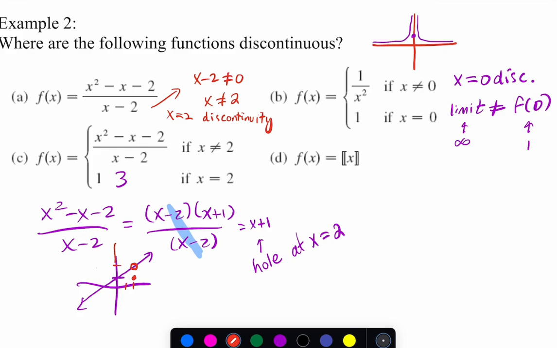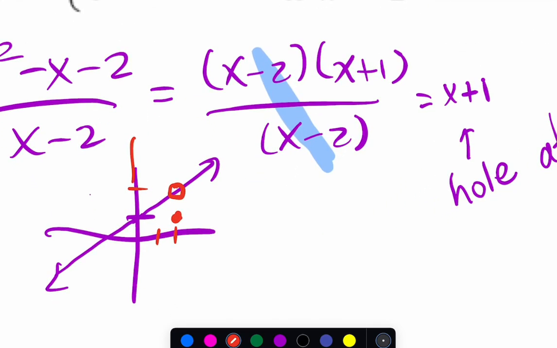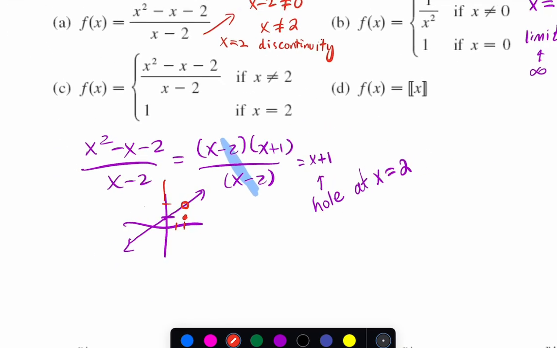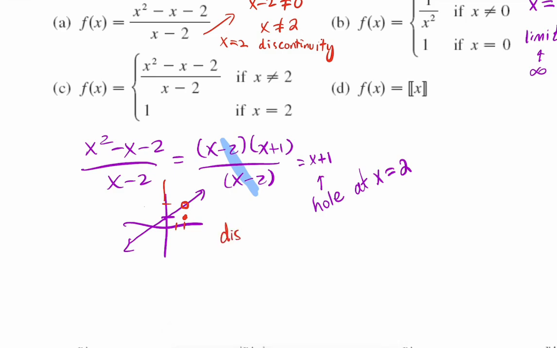My graph is still pretty crappy, but they plugged the hole at 1. See this right here. So they plugged the hole in the wrong spot. So it ends up being a discontinuity there. The limit is 3. The hole was plugged at 1. They don't match.